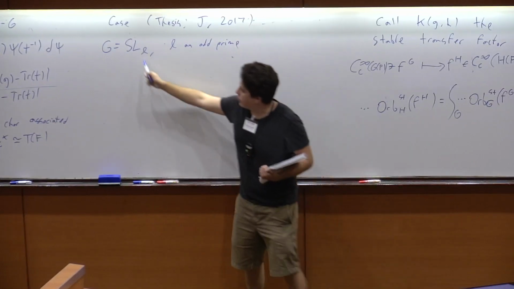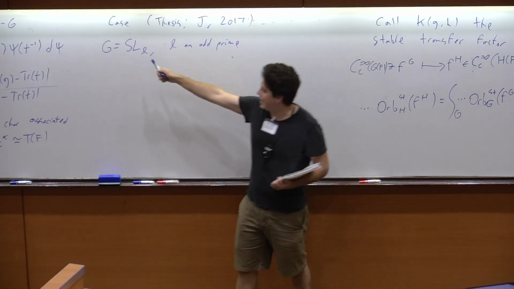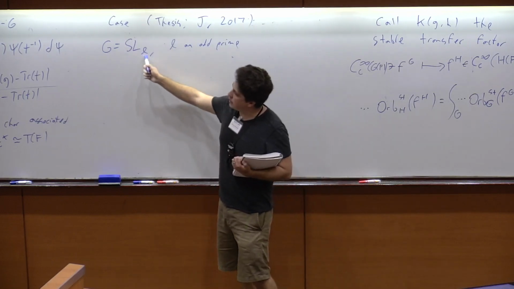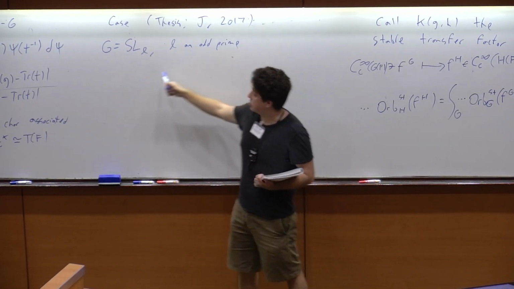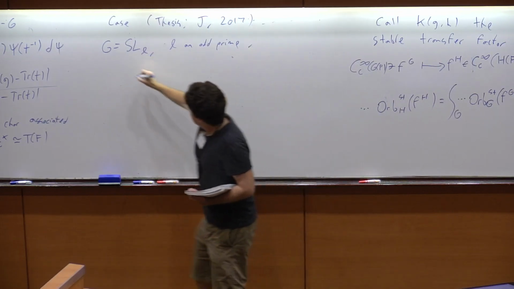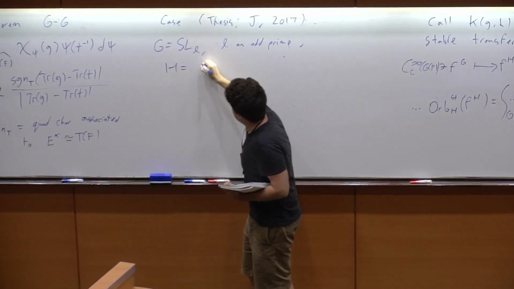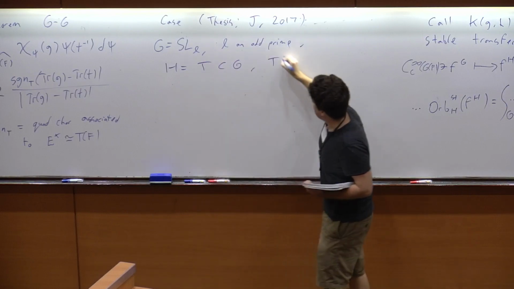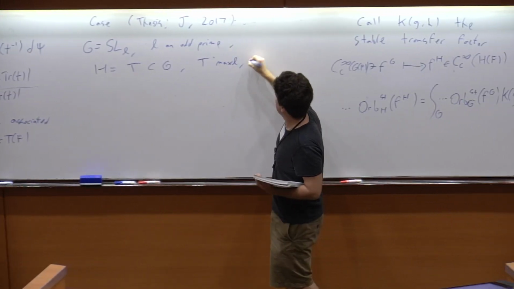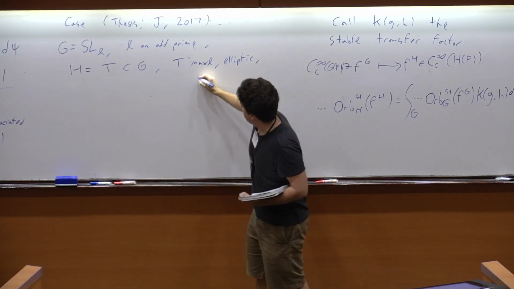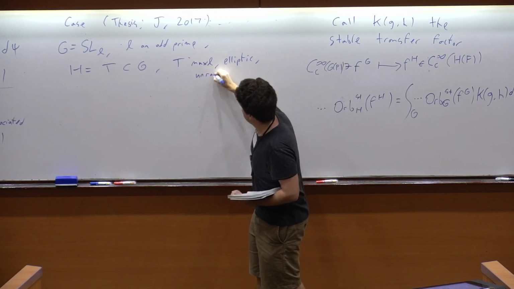This seems like somewhat of a strange condition, to say SL_l as opposed to SL_n, but the character formulas for the supercuspidal representations are much nicer in this case. And the group H is again just a torus inside of G. Let's say T is maximal elliptic, and let's go even nicer and assume that it's unramified.